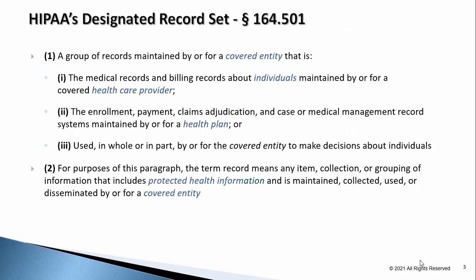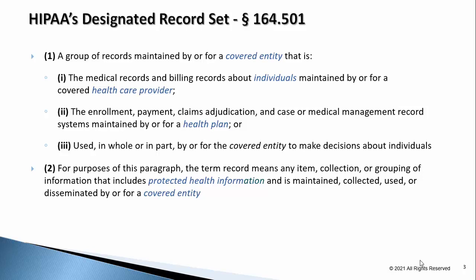HIPAA also has a concept called the designated records set. It's a group of records maintained by or for a covered entity that's either medical records, billing records, but it's about individuals, and it's maintained by or for a healthcare provider.